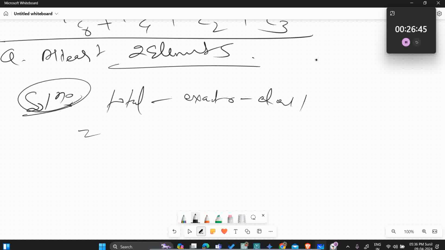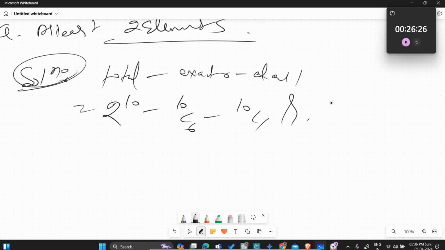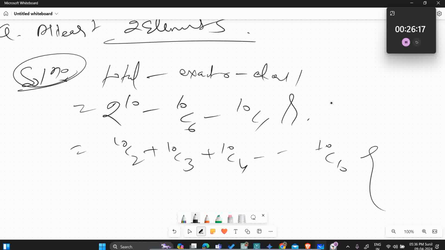It will be 2 to the power 10 minus exactly 0, which is 10C0, minus 10C1. This is the answer. Right. The second method will be 10C2, 10C3, 10C4, and so on, up to 10C10. This is our answer. Right.